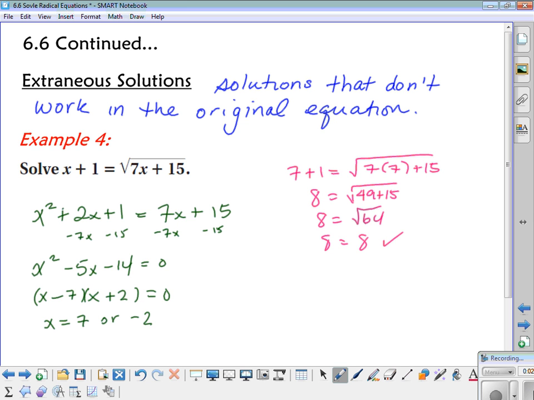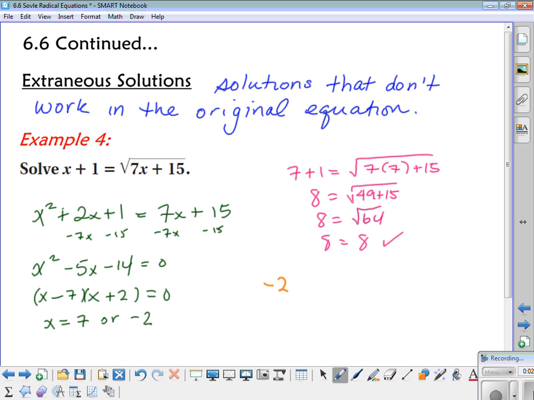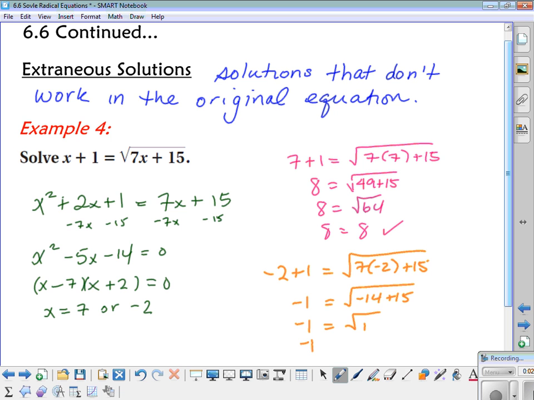And then I'll test the negative 2. So I have negative 2 plus 1 is equal to the square root of 7 times negative 2 plus 15. So negative 1 equals the square root of negative 14 plus 15. That simplifies to the square root of 1, which is 1. And negative 1 does not equal 1.